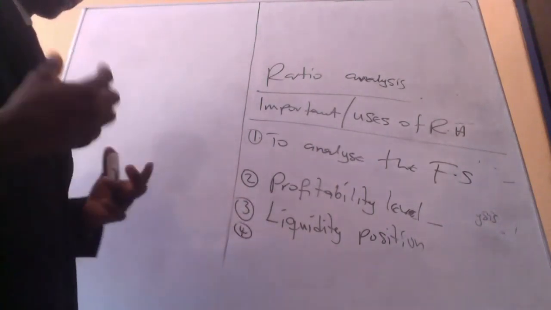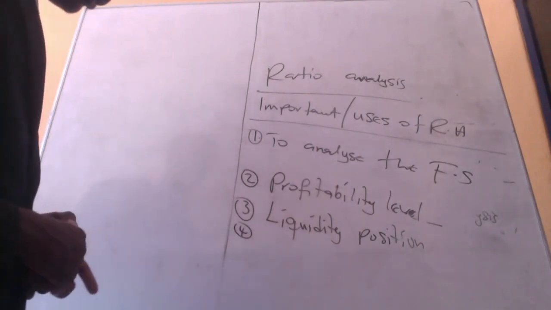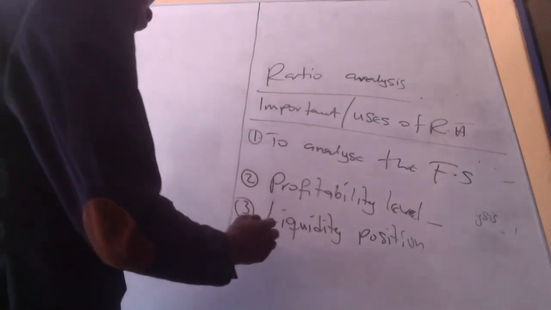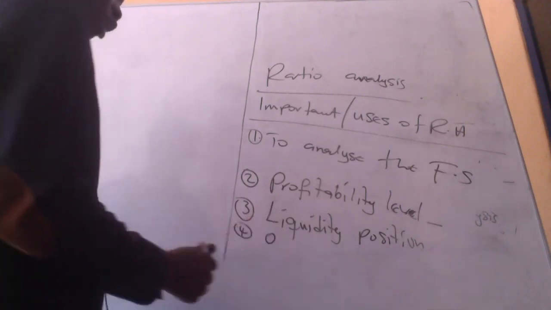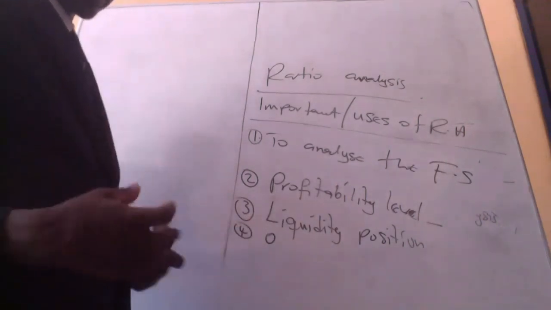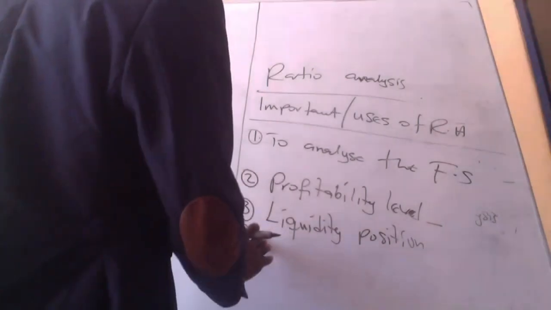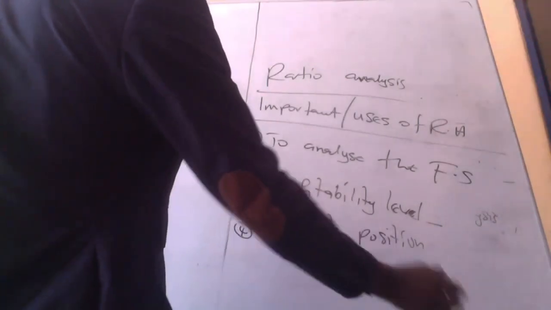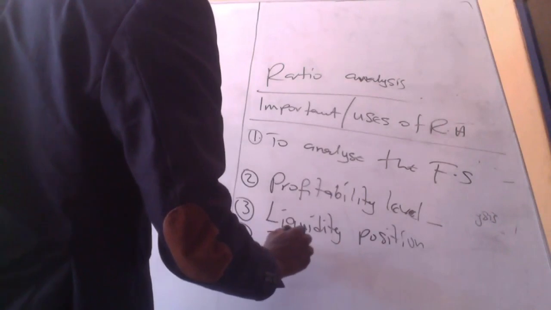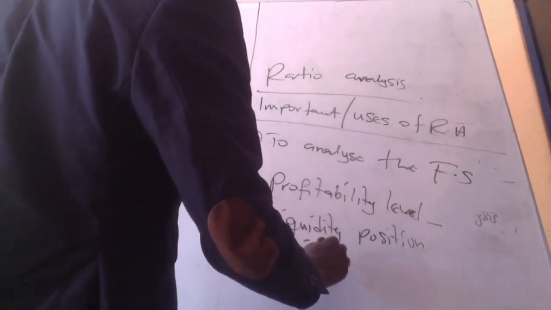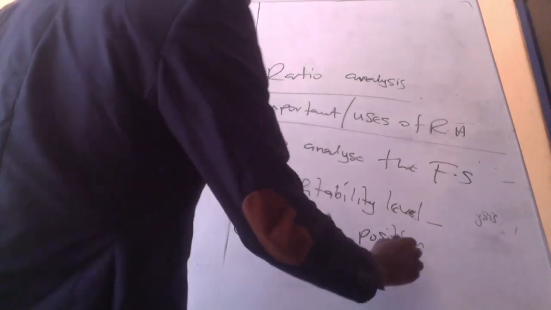In fact, ratio analysis helps us to know the operating gearing of the organization or the operating risks. So in all, we will call it business risks. Ratios help us to analyze the business risks of the entity.